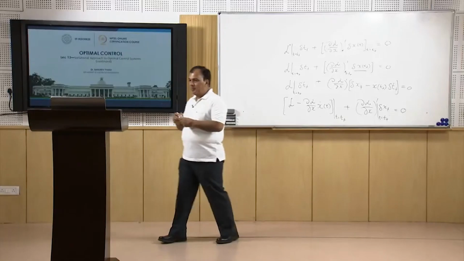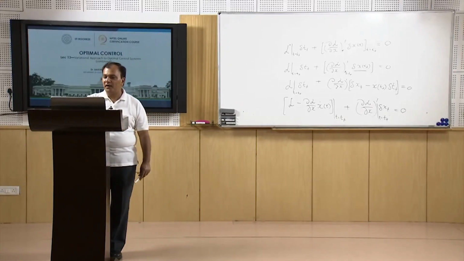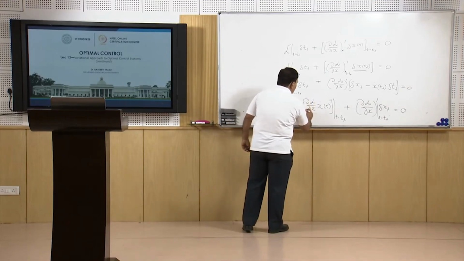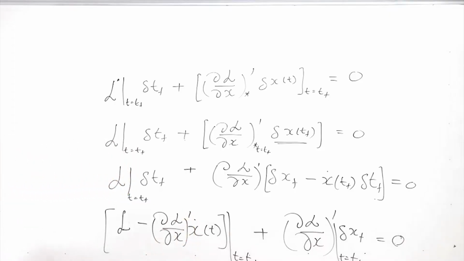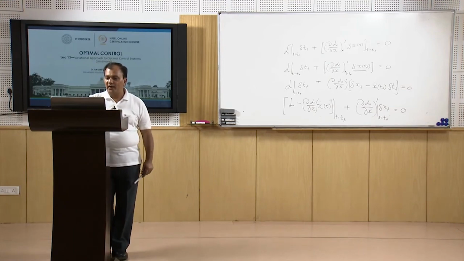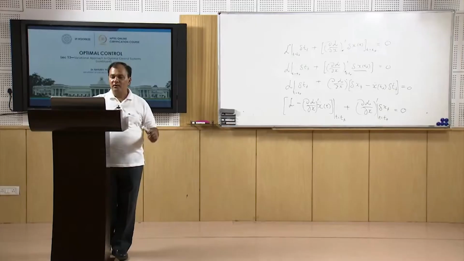So, my final condition can be represented by this equation, which is L minus del L by del x prime x dot, evaluated at Tf point. Similarly, del L by del x dot evaluated at the Tf point delta xf, this equal to 0 is my final condition.